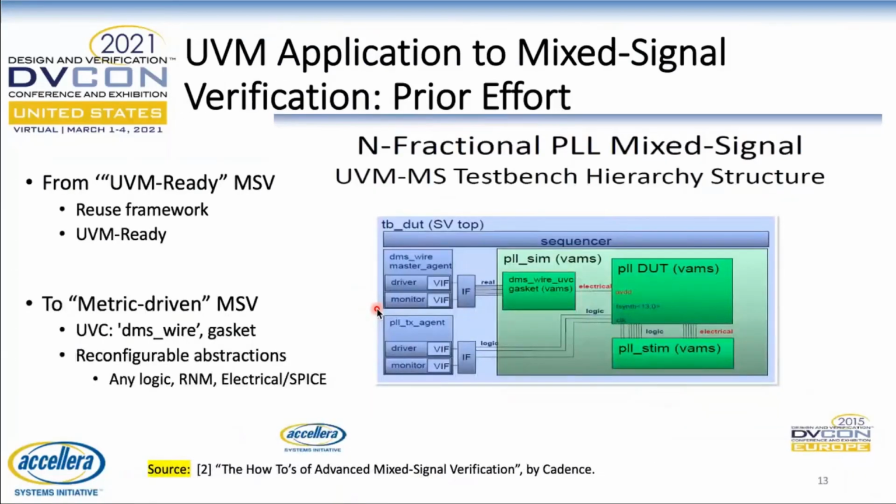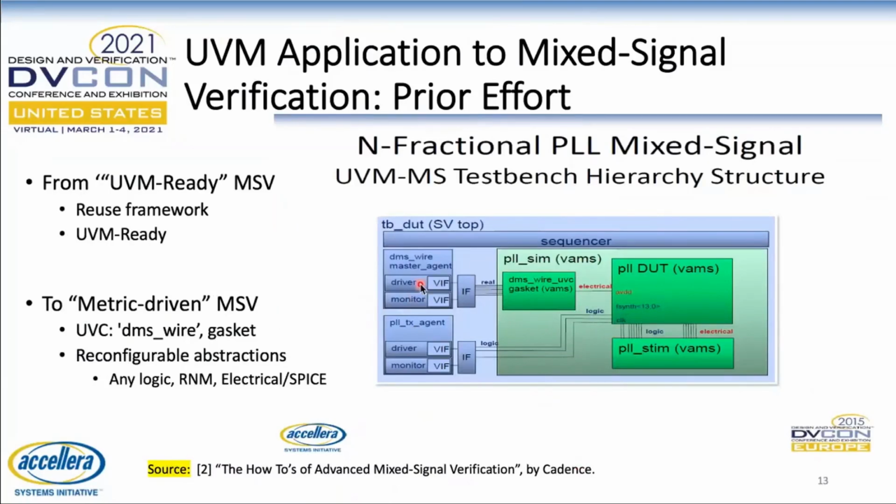About a year later, in DVCon 2015, there was another paper, this time by Cadence, on the how-tos of advanced mixed signal verification. This paper did a deeper dive on creating reusable mixed signal verification frameworks that are not only UVM ready, but also more metric driven.